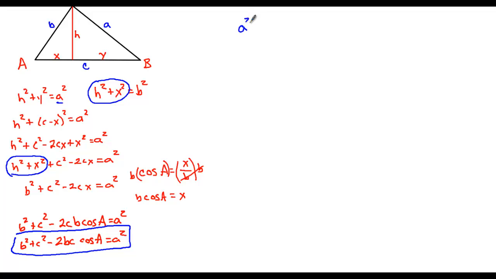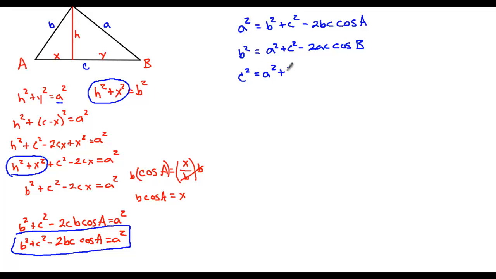The first one says that A squared equals B squared plus C squared minus 2BC cosine A. The next one is B squared equals A squared plus C squared minus 2AC cosine B. And the last one is C squared equals A squared plus B squared minus 2AB cosine C.